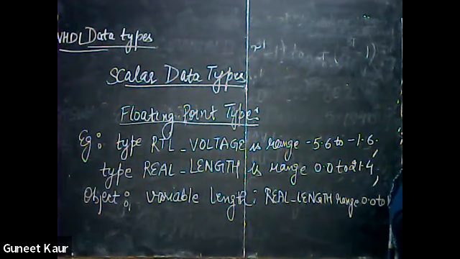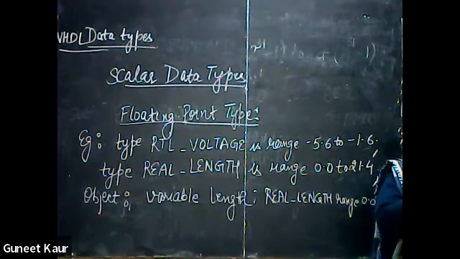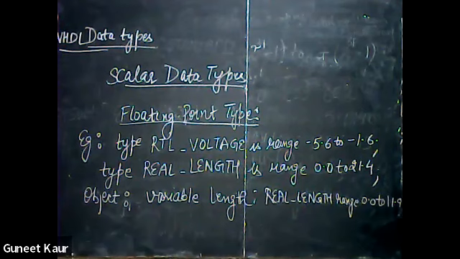And for the object declaration, the data object which can be used with this floating point data type is variable. Variable length colon real underscore length, where the variable name is length and the subtype is real underscore length, ranging from 0.0 to 11.9.